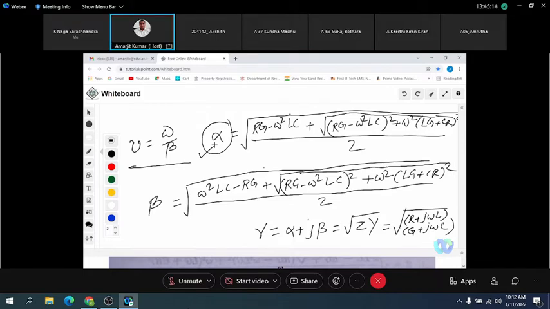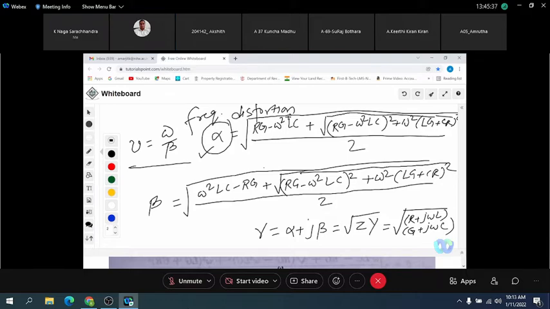The waveform will be distorted. This is known as frequency distortion: distortion of different frequency components because of the different attenuation.